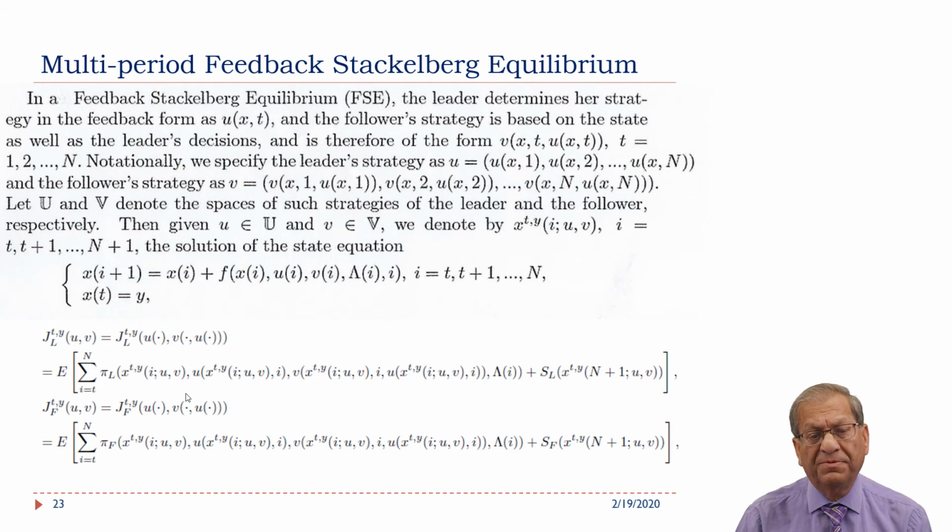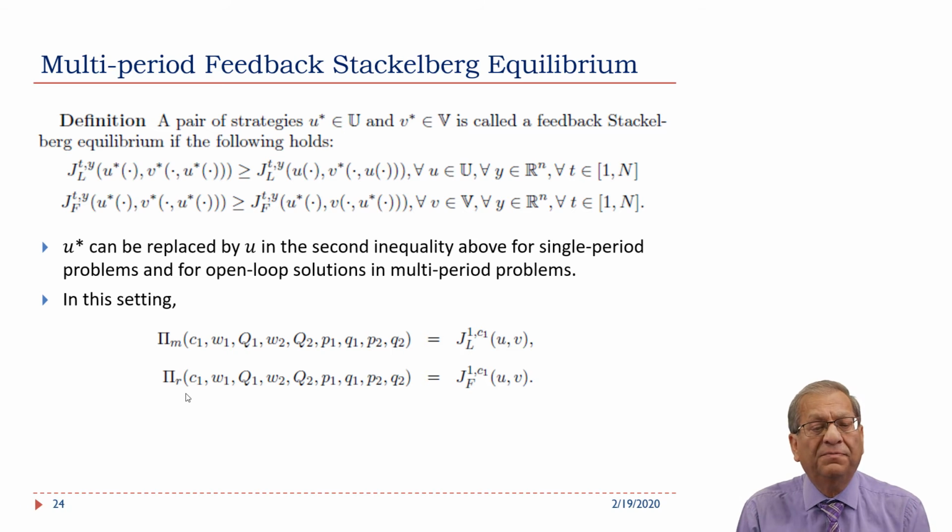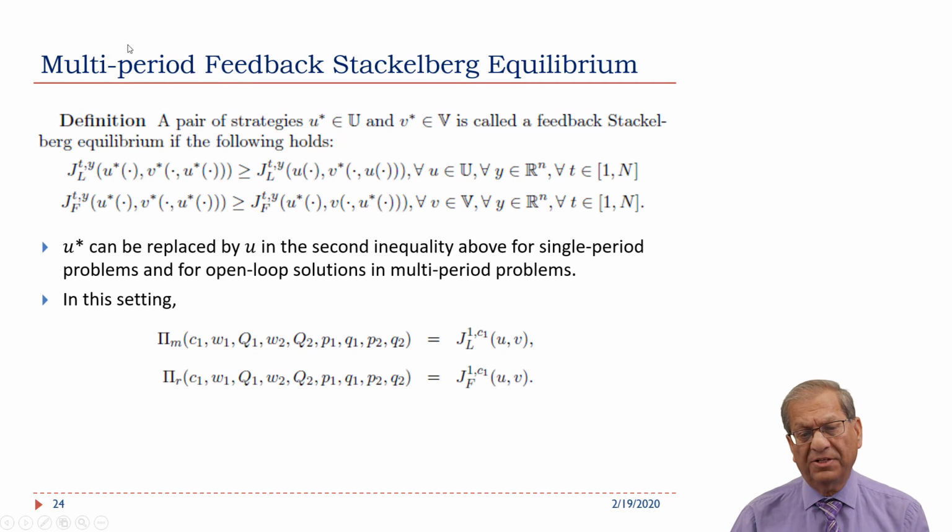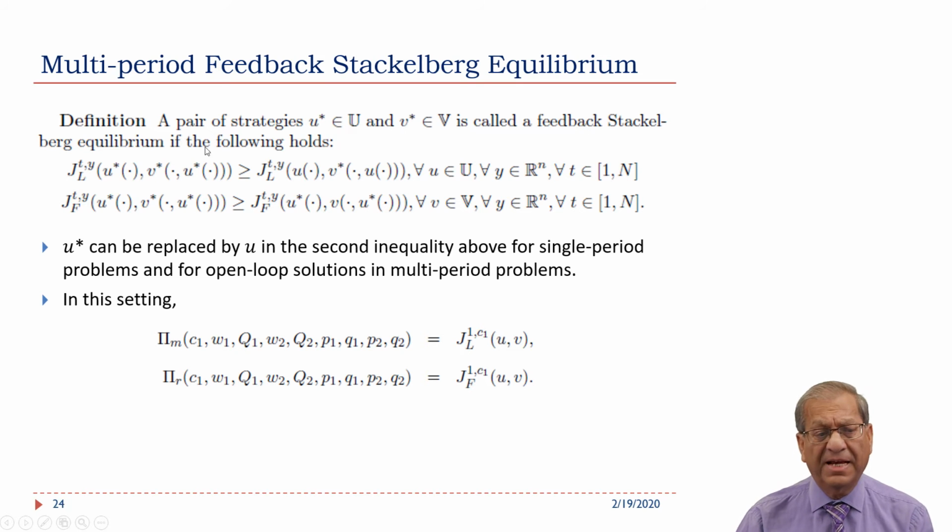Once we define the objective function, it is easy for us to define a feedback Stackelberg equilibrium. A pair of strategies U star and V star, U star in U, V star in V, is called the feedback Stackelberg equilibrium if the following two inequalities hold.